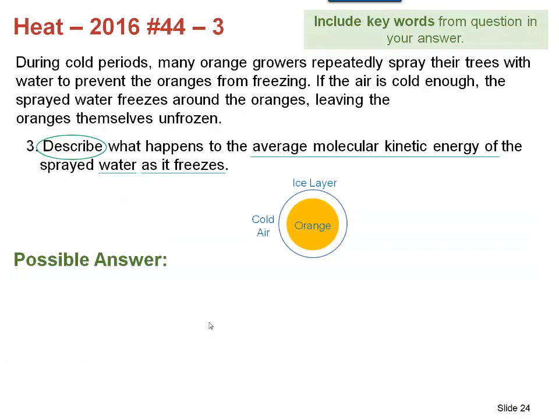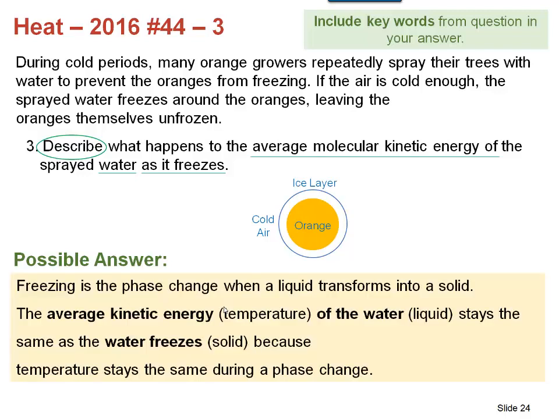Part 3. Describe what happens to the average molecular kinetic energy of the sprayed water as it freezes. So freezing is a phase change when a liquid transforms into a solid. That's where you get this ice layer.